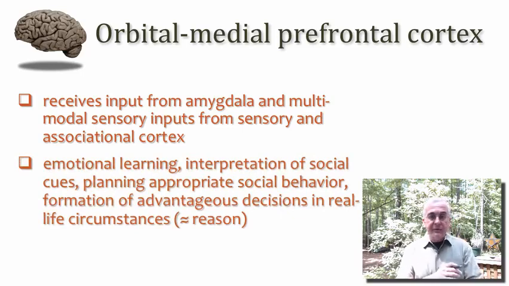We think that this cortex is involved in emotional learning. I'll say much more about that in just a few minutes, as well as in the interpretation of social cues. This cortex is involved in planning appropriate social behavior, the formation of advantageous real-life decisions. We might consider this to be a contribution to our faculties that are involved in reason and rational decision-making.